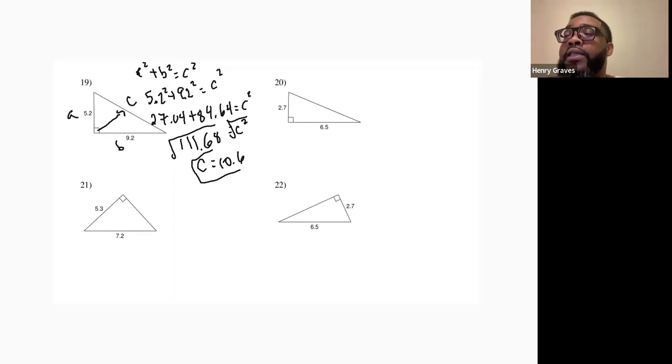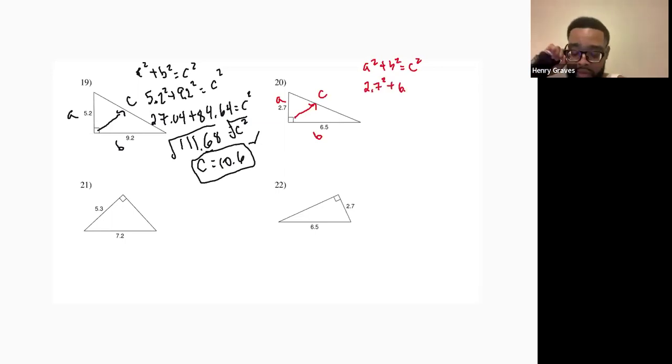On 20, again, I'm trying to find the C. So this is my A and my B respectively. A squared plus B squared equals C squared. So that'd be 2.7 squared plus 6.5 squared is equal to C squared. 2.7 squared is 7.29. 6.5 squared is 42.25.